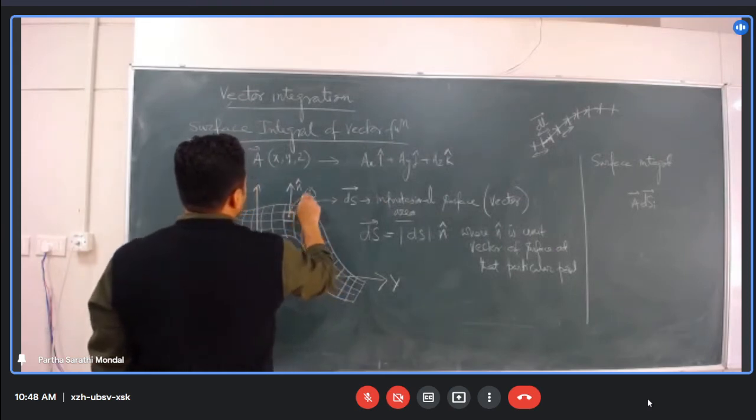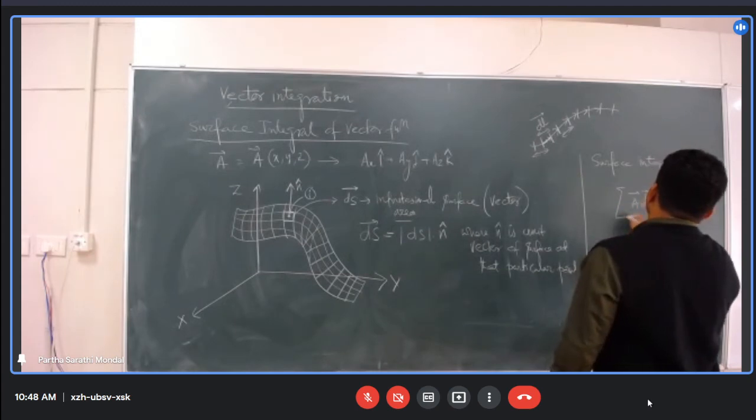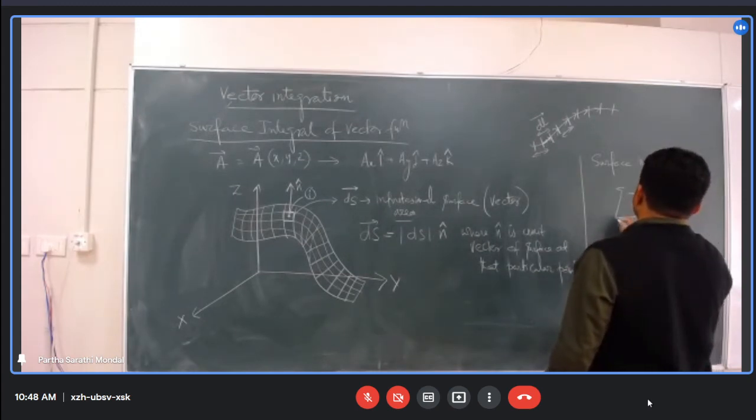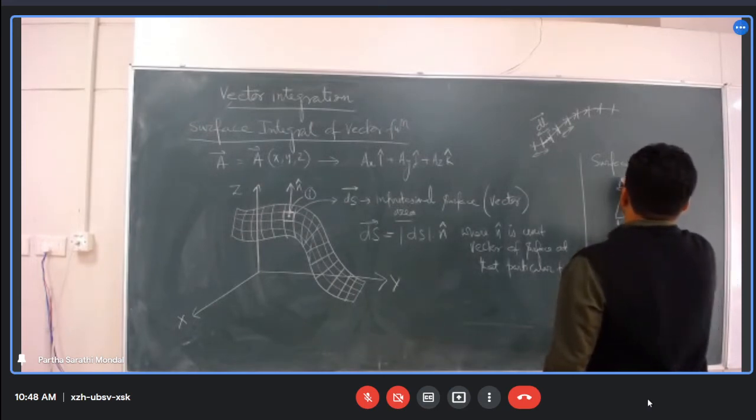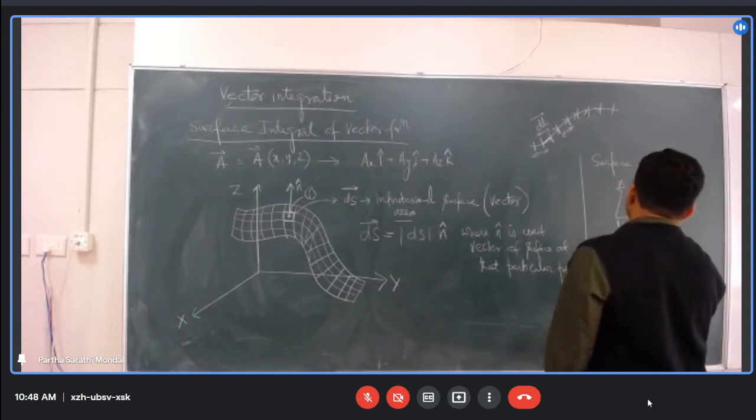Now if I want to calculate the total surface integral, you have to take the sum from i equal to 1 to n. Okay, now if I put n tends to infinity, that means ds tends to 0.